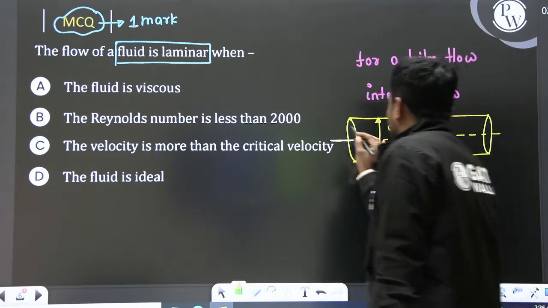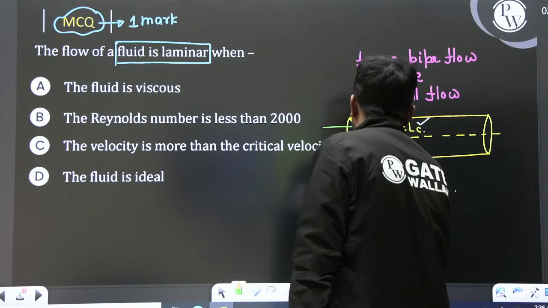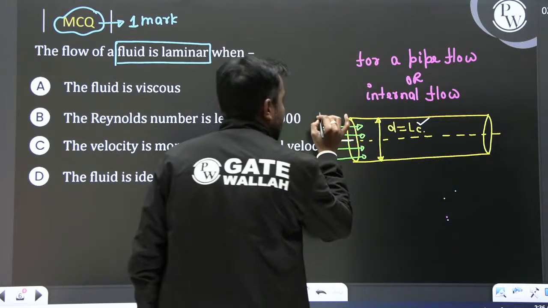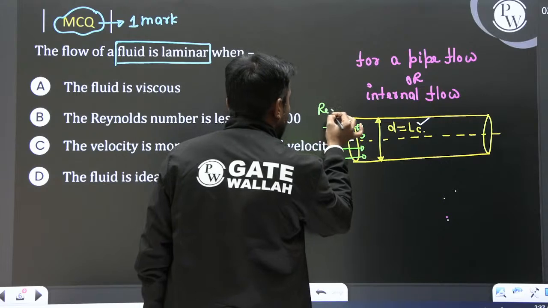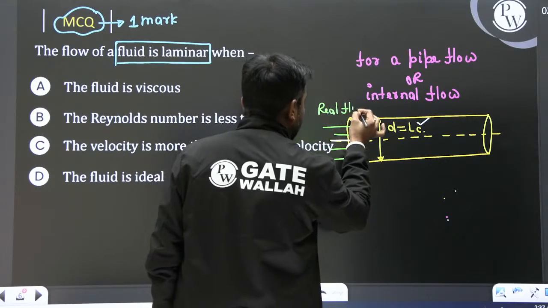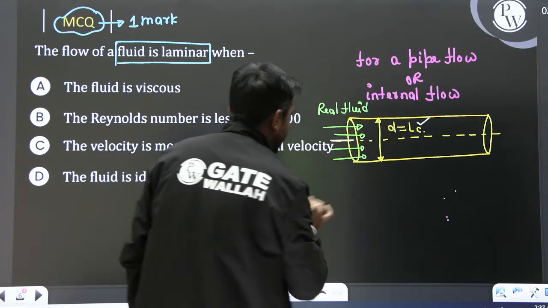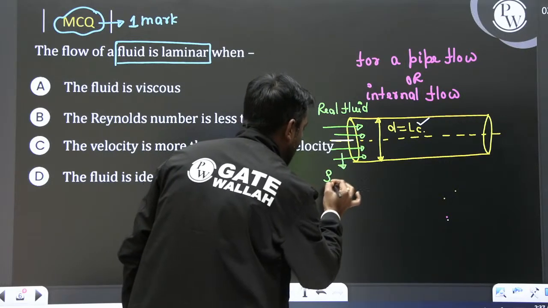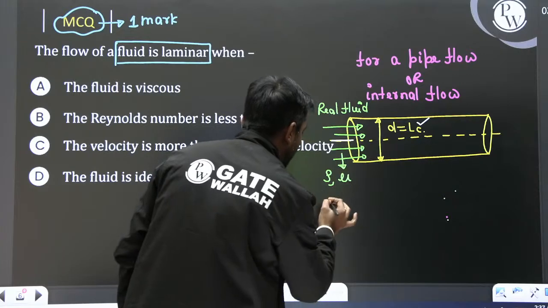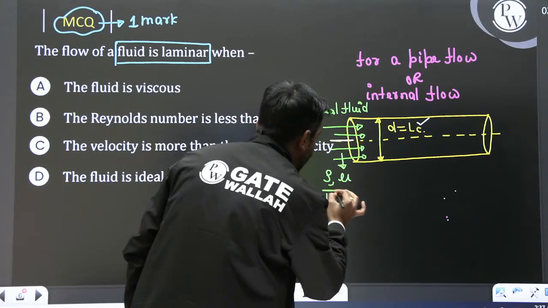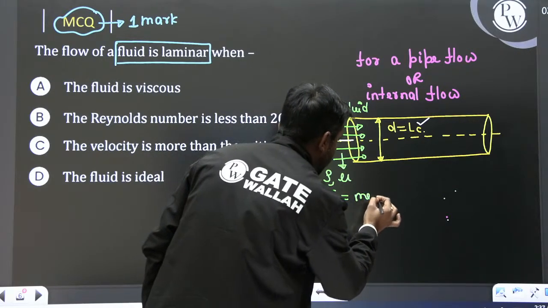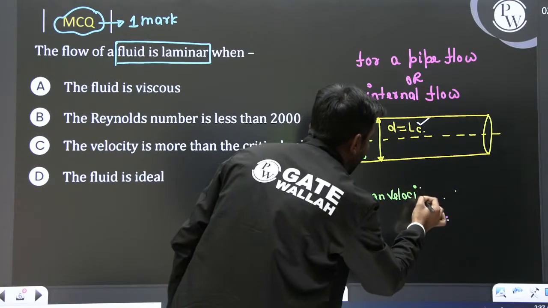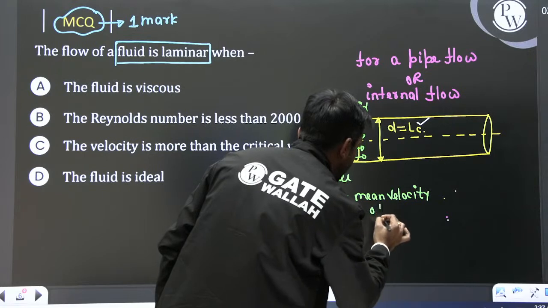If a real fluid is flowing inside the pipe, the parameters for this fluid are density rho, dynamic viscosity mu, and the mean velocity of flow, u mean.